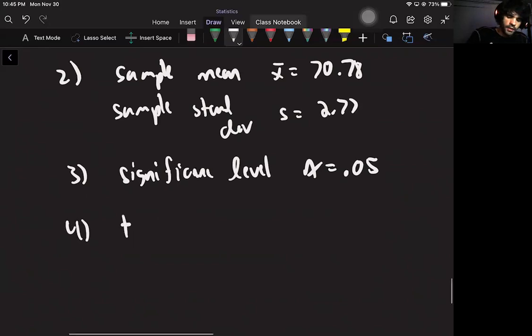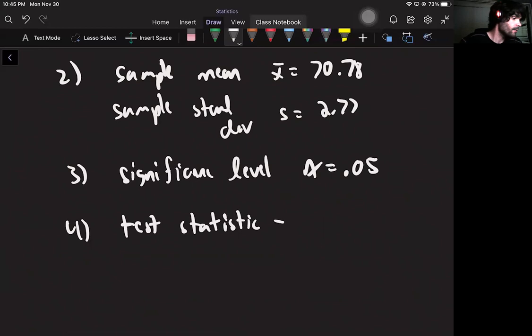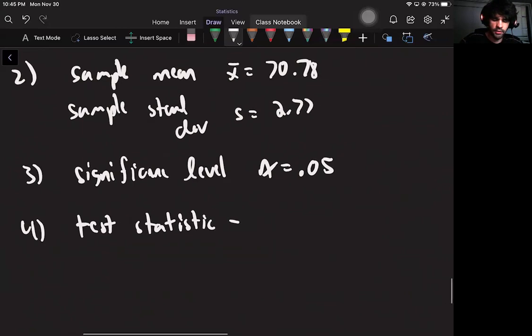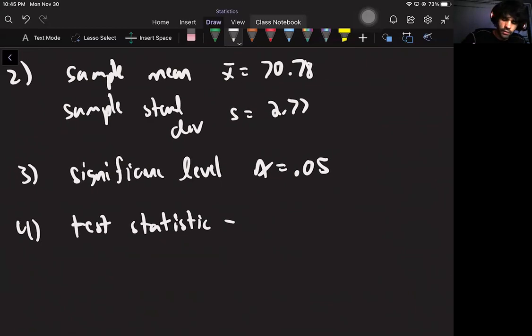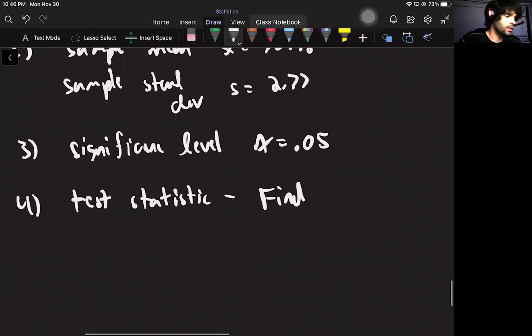Next, we're going to get a test statistic. That's just like last time too, but now our test statistic is, instead of a z-score, it's going to be a t-score, because if you remember when we did confidence intervals, for means, they were always on the t-score distribution instead of the normal distribution. So we had to use t values and t-scores over there. Same reason over here.